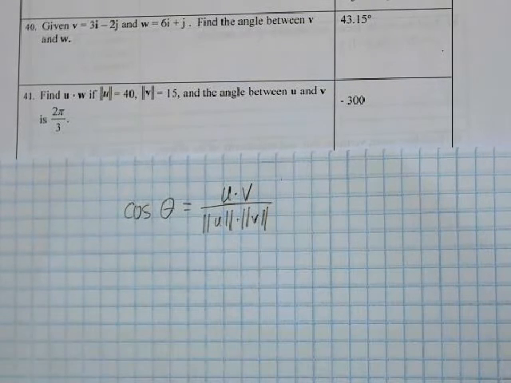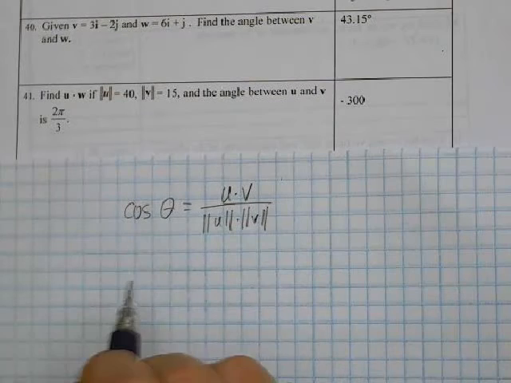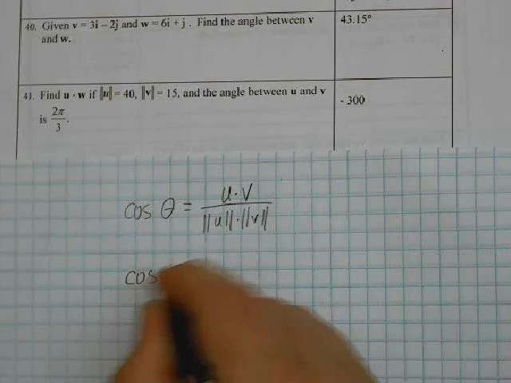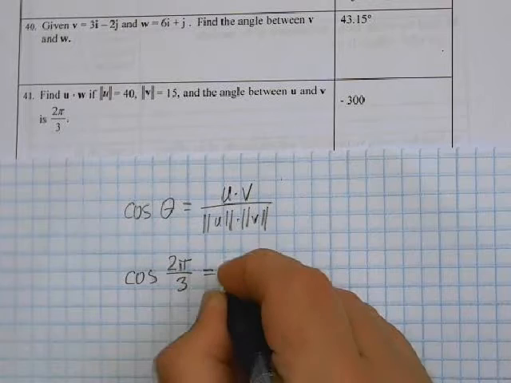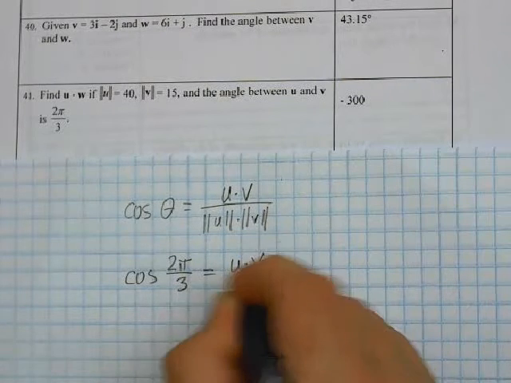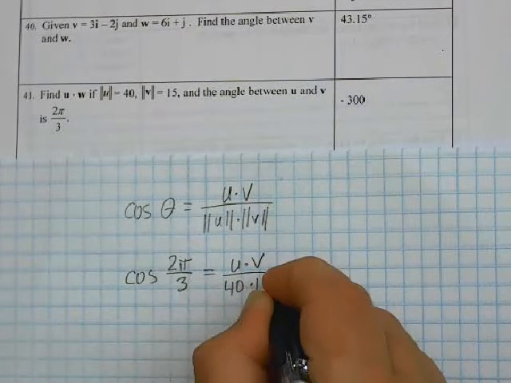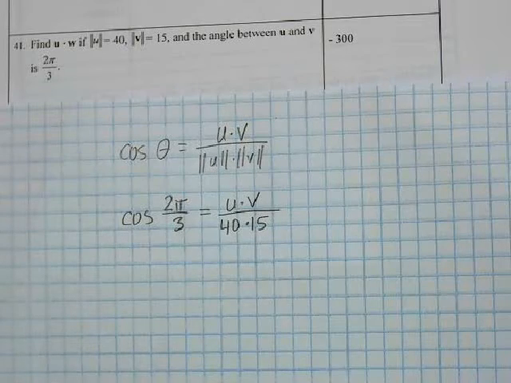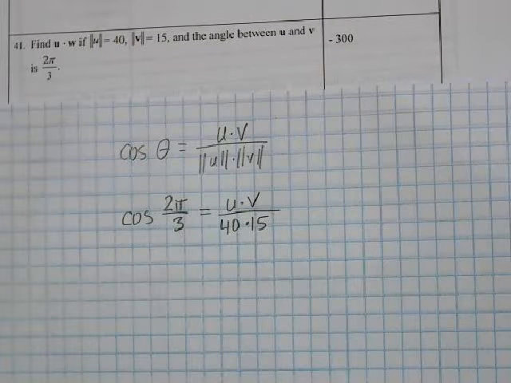Okay, so we have the same formula that we used in the previous problem, but we need different information. It says the angle between u and v is 2 pi over 3, so cosine of 2 pi over 3 equals the dot product over the magnitudes, which is 40 times 15. So what is the cosine of 2 pi over 3?